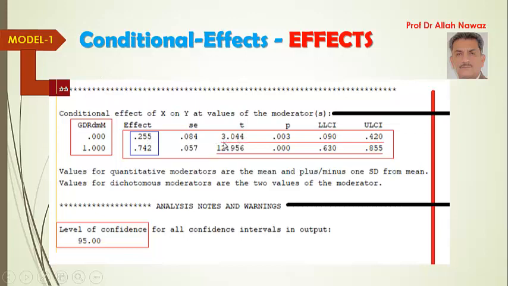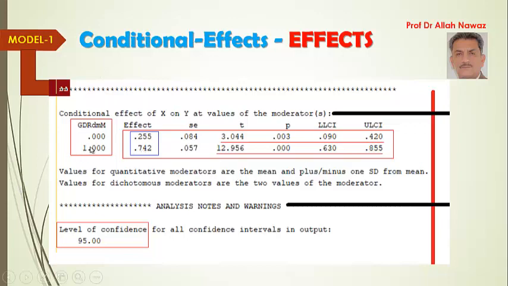It is significant with a t-score of 3.0004, which is greater than 1.96. The p-value is also significant, far less than 0.05, and both lower and upper limits of the confidence interval are on the positive side, therefore no 0 in the range. So 0.255 is the effect when the actor in the model is female, and it is significant.